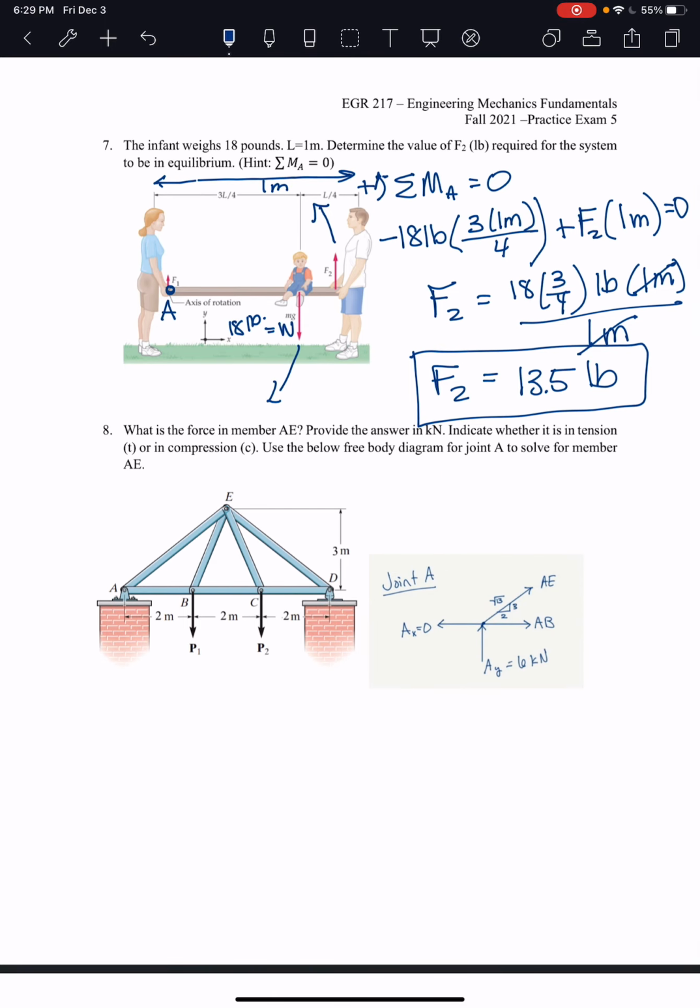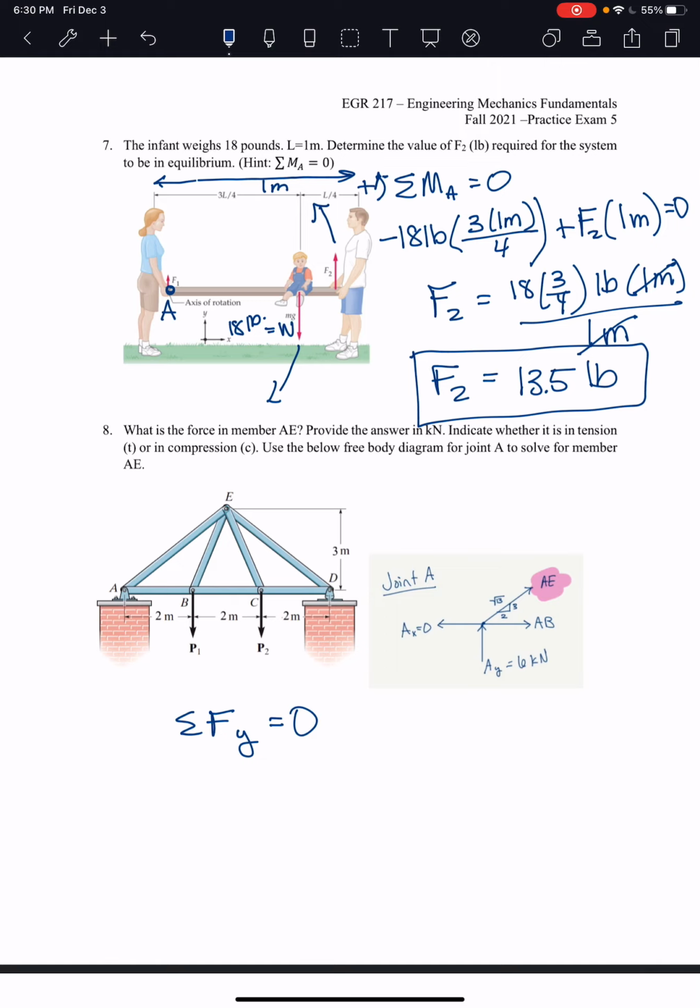For number 8, what is the force of member AE? Provide the answer in kilonewtons. Indicate whether it's in tension or compression. So use the free body diagram below for joint A to solve for member AE. So we're looking for this AE right there. So let's just sum the forces in the y direction equals 0.